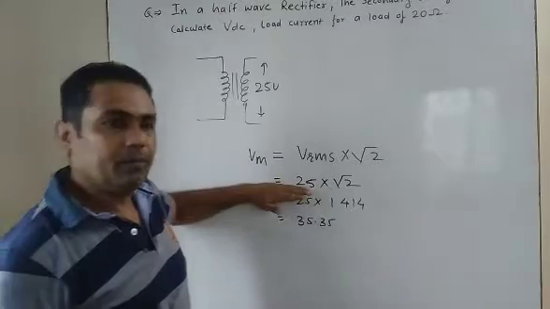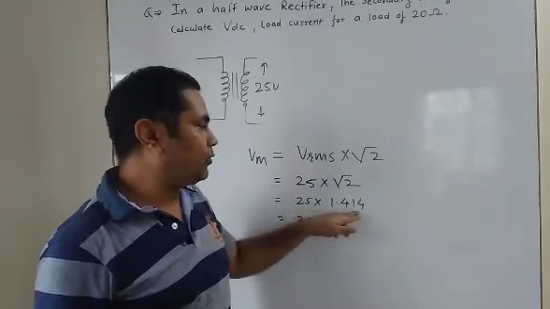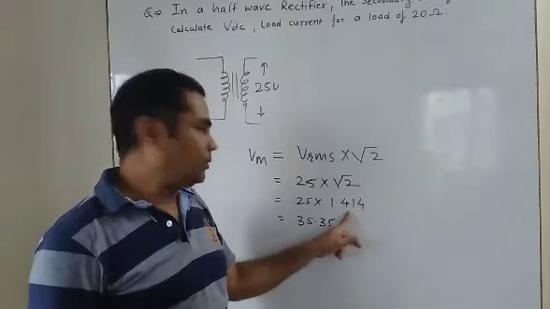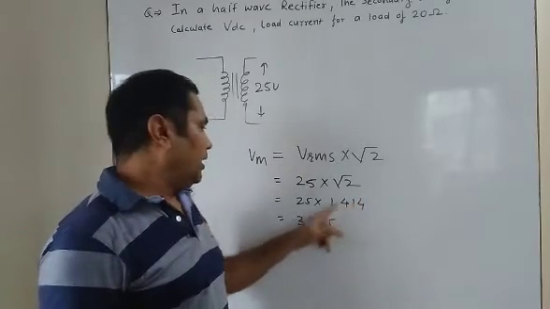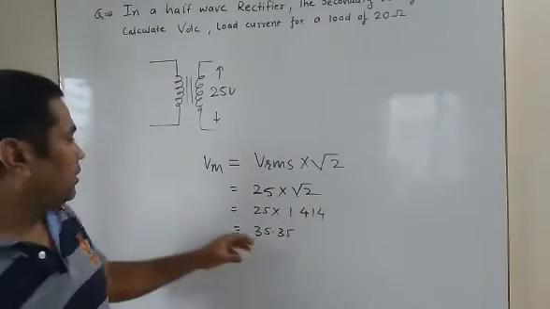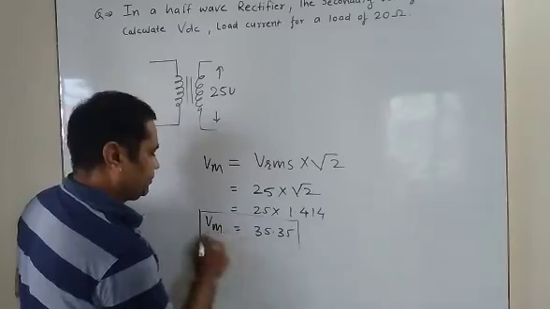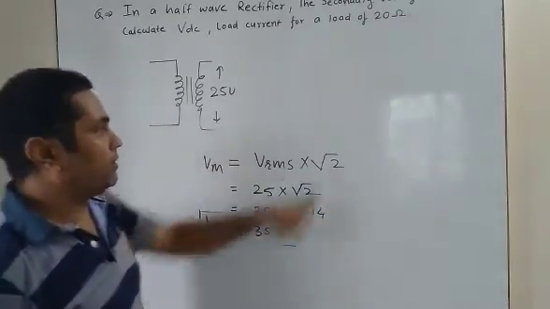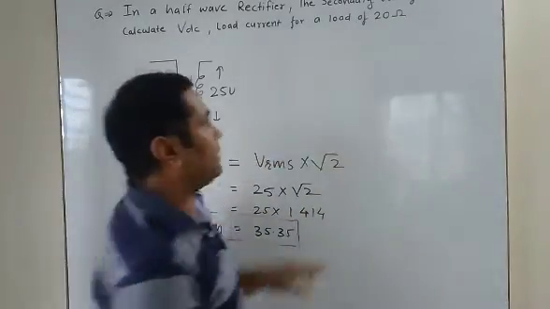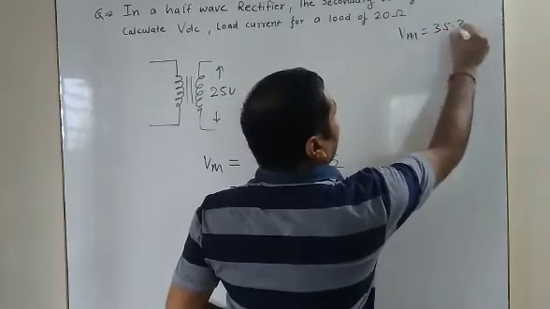So 25 multiplied by 1.414, root 2 stands to be 1.414, and if you multiply it, the result is 35.35. So this is now the maximum value. Let me write it at the right hand side. Our max value is found to be 35.35 volts.